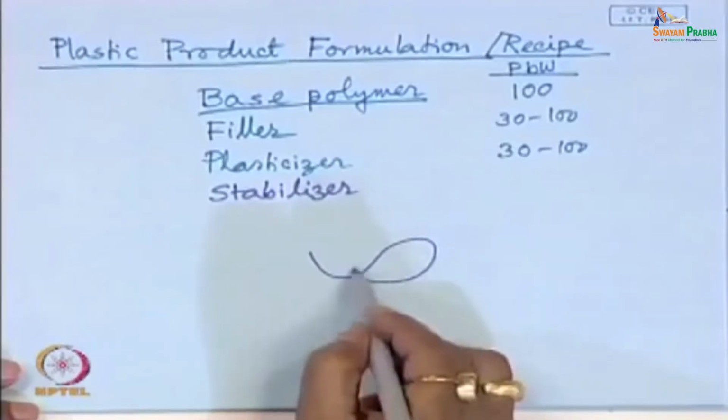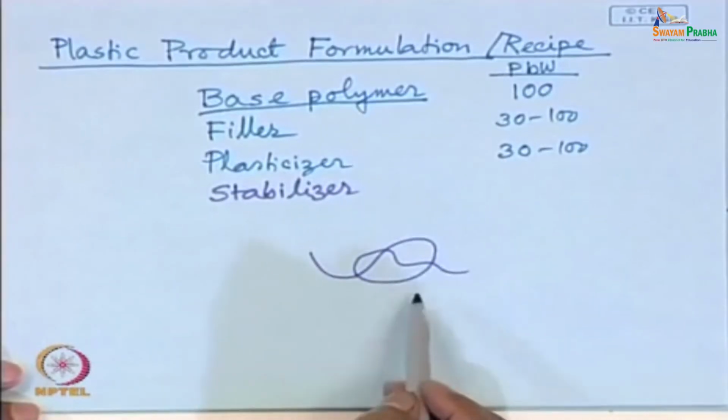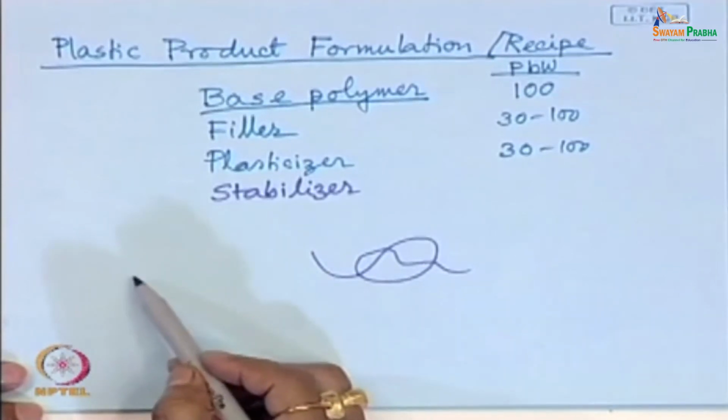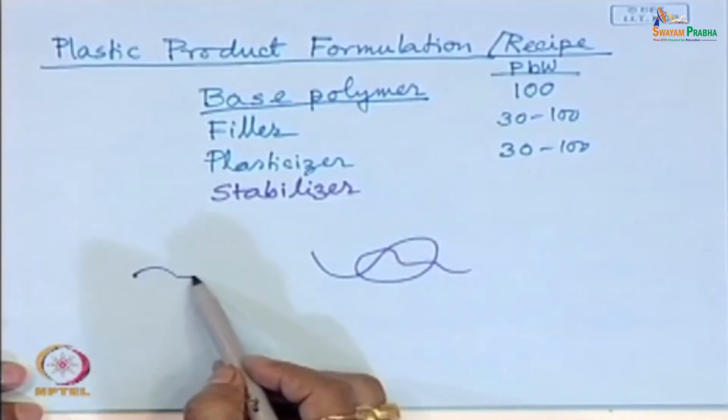So, the availability of free space in polyethylene is less, whereas if you take natural rubber, if you look into the configuration of natural rubber molecules and compare with that of polyethylene molecules, you will find in natural rubber molecule there is this kind of chain folding, whereas in case of polyethylene the extent of chain folding is quite less.